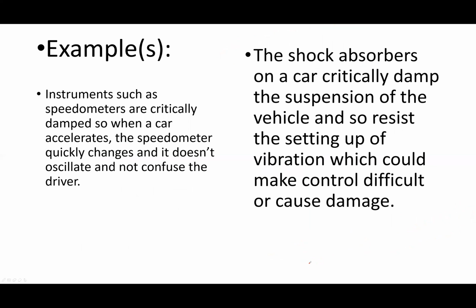If you look at the speedometer, if you accelerate the car, the speedometer will show the exact speed. It will not oscillate. If you are moving at 100 kilometers per hour, it will be on 100 kilometers per hour. It will not oscillate around 100, sometimes jumping to 110 and to 90.